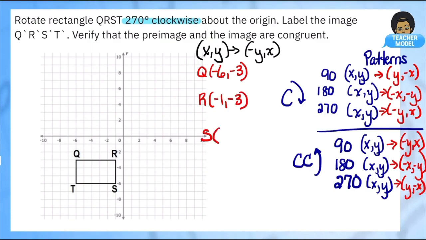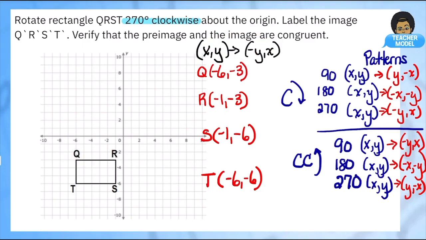S, which is at -1, -6. And T, which is at -6, -6. So remember, what we're going to do is flip these numbers around, and this one is going to be its opposite.